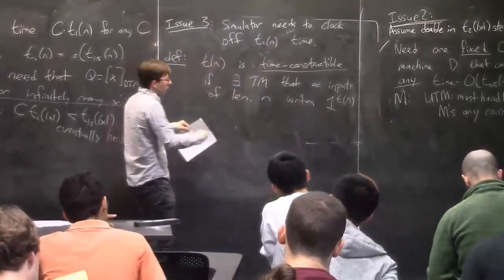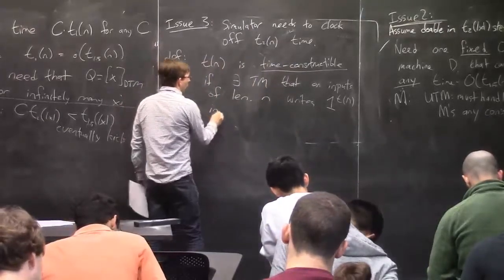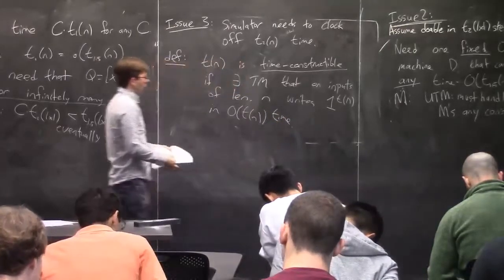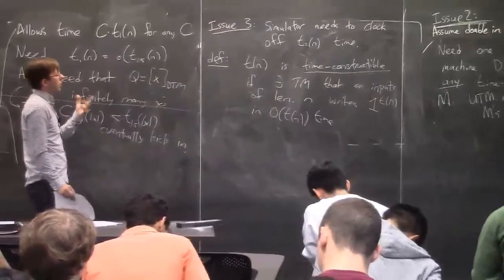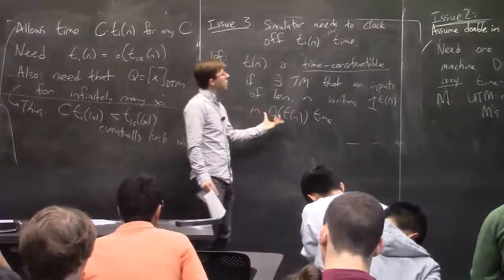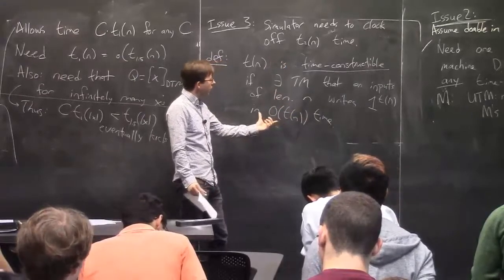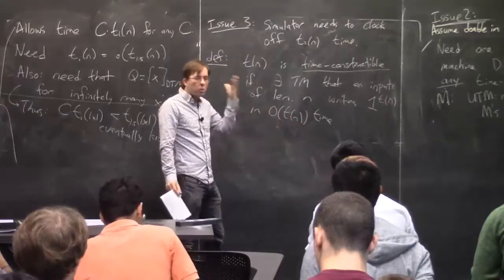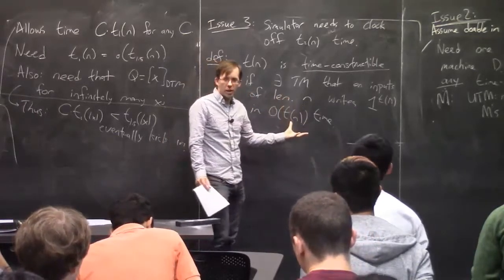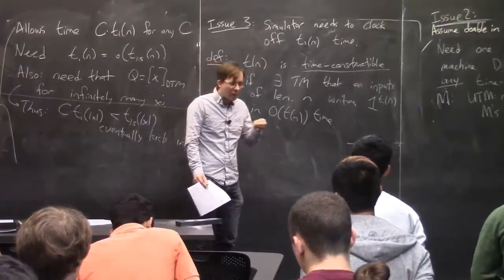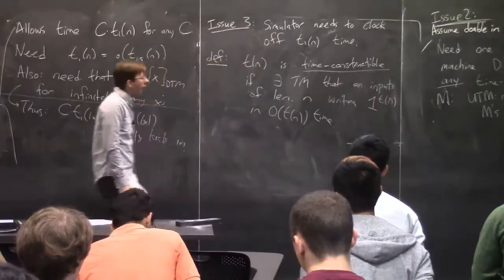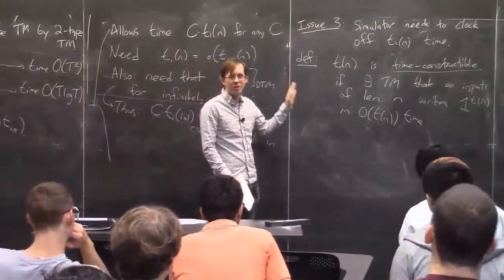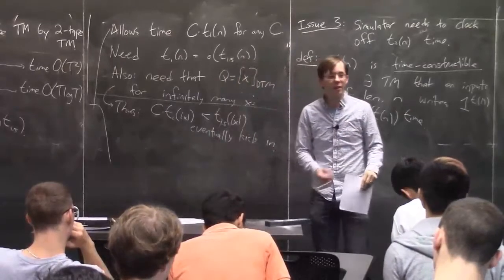So it writes down 1 repeated t(n) times in order t(n) time. So you can compute the number of steps you're going to run for, t2 in this application, in not much more than t(n) time. In fact, almost all normal time constructible functions you can compute in order n time, because the main work is just counting the length of the input. So basically every normal looking function you ever encounter has this property, but you just have to always say it when you're stating theorems like this time hierarchy theorem.